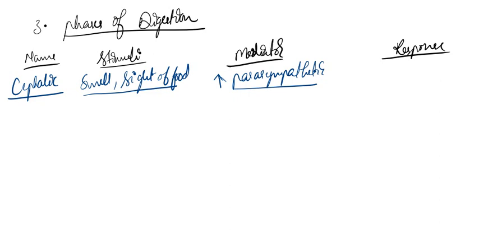What does the parasympathetic system do regarding secretions? It increases the secretion. We have been studying it since second year pharmacology: the parasympathetic system increases secretion. That's why, to prevent excess secretions during anesthesia before preoperative surgery, we give anticholinergics.